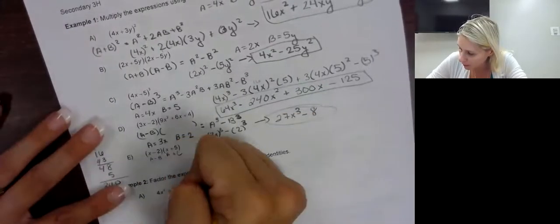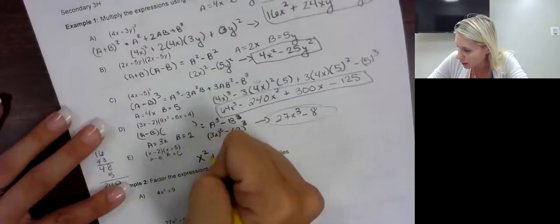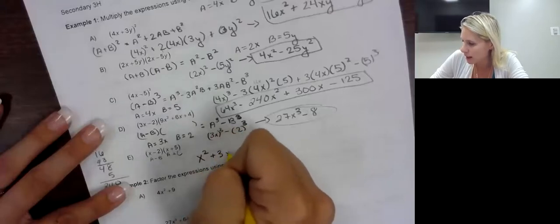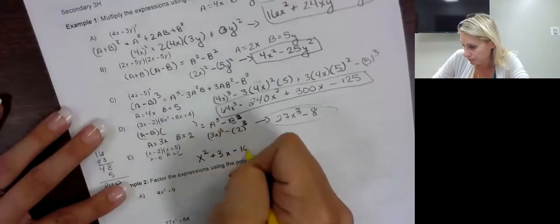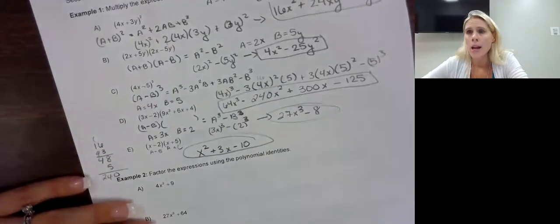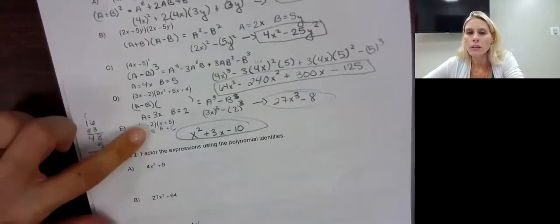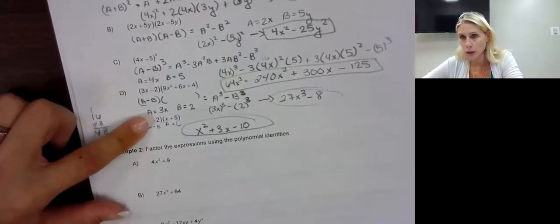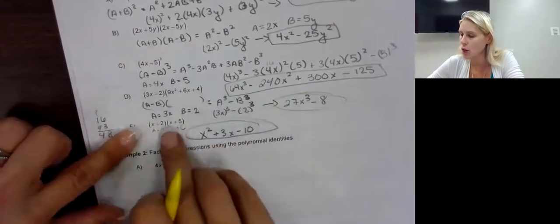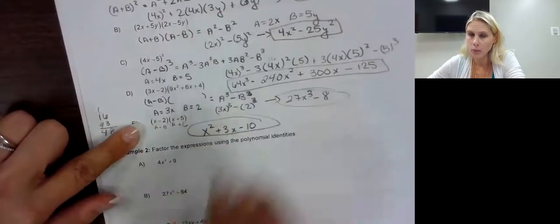Now, all in all, this comes out to x squared plus 3x minus 10. I can do that fast because I've been factoring forever and multiplying forever. Okay, so this one you'll have to do like your normal style of your box or FOIL because there's no exact identity for you to follow, unlike the ones above.